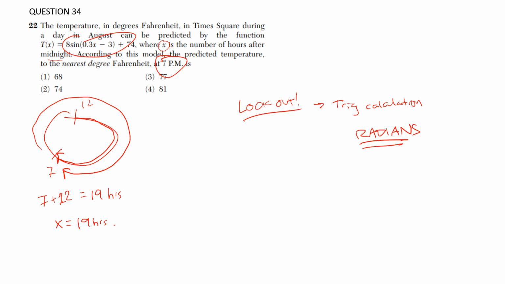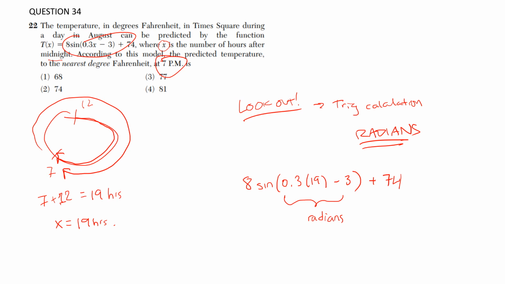So when we put this in our calculator, we say 8 sine of 0.3 times 19 minus 3, plus 74. This quantity in here has to be in radians, so it finds the sine of that in radians.